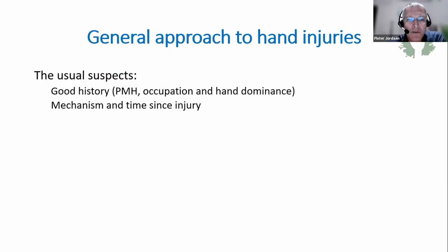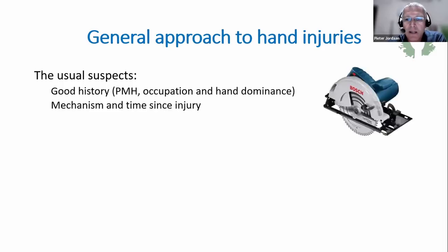In terms of open injuries, just with your general approach, I think when you approach a patient with open injuries, there's always what I call the usual suspect. So you want a good history. What's their previous medical history, their occupation and hand dominance, and the mechanism of injury. And why this is important is there's a big difference between somebody injured with a power tool versus a little domestic accident.